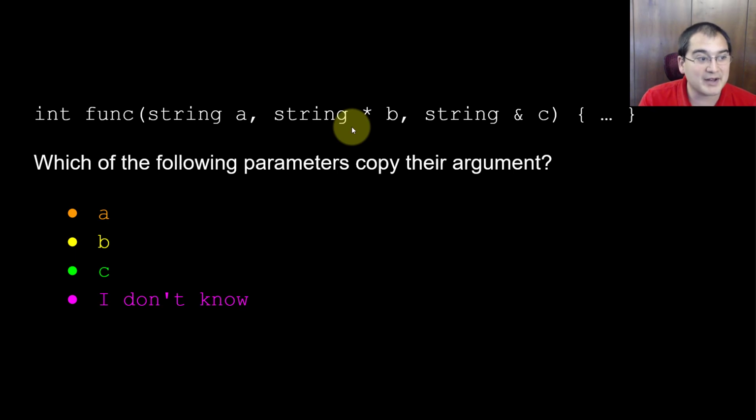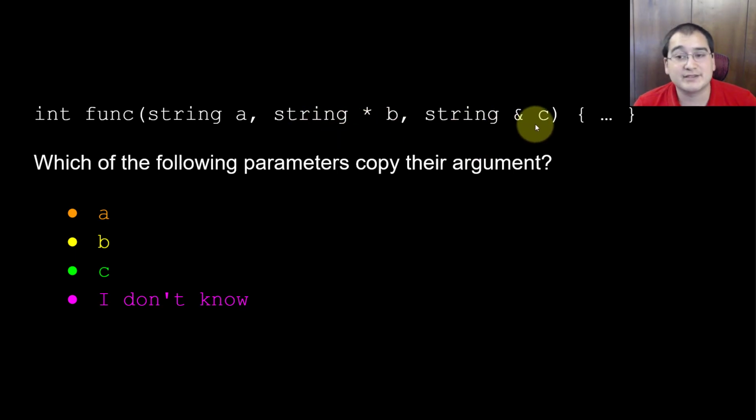They're just an address, so copying a pointer really doesn't cost much of anything. The string being pointed at could be huge, but that is not being copied. All you're copying is an address. So technically, b does copy its argument because the argument is an address. But in reality, it's not copying the thing being pointed at, which is often the thing you're trying to avoid copying. So technically, b is copied, but it's not a meaningful copy because it's tiny.